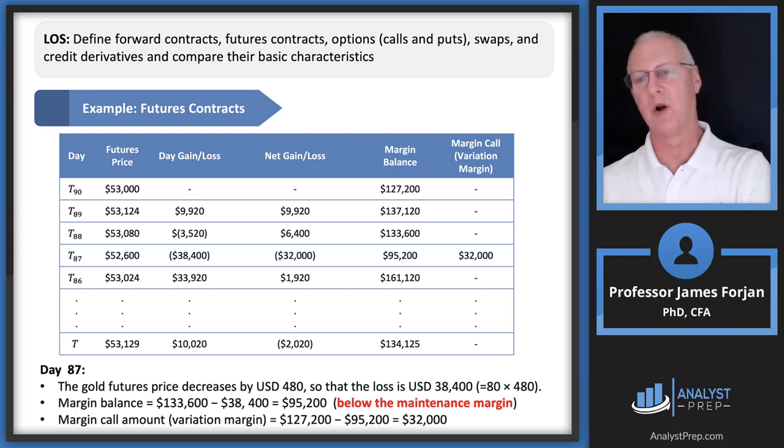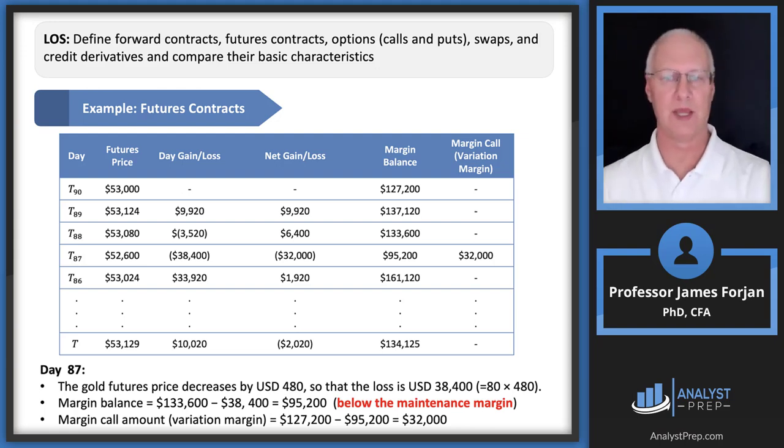The variation margin gets us back up to the initial margin. And then the next day, on day T with 86 days remaining, we win some more money, and now we have a margin balance of 161. And we're going to do that every single day, every day, until we get to day T, which would be the very last day of the contract.